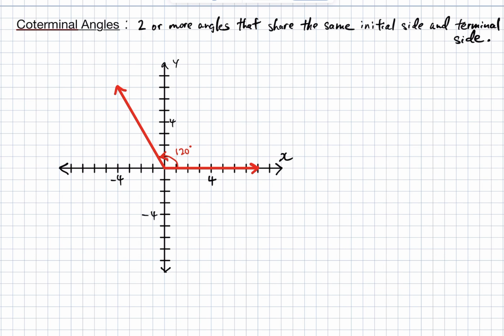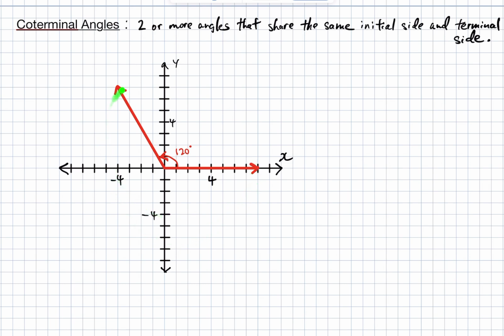Well, we could technically have an angle that starts at the initial position, okay, this initial side, and instead of rotating 120 degrees, okay, counterclockwise, we can actually rotate clockwise.